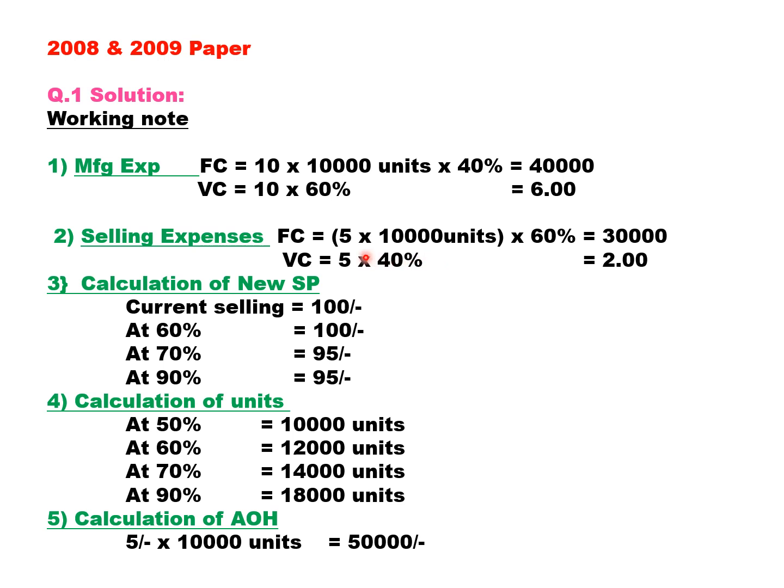The selling expenses given in the question is 5 rupees. 5 into 10,000 units is 50,000 rupees. Into 60% you get 30,000 rupees. So fixed selling expenses is 30,000.